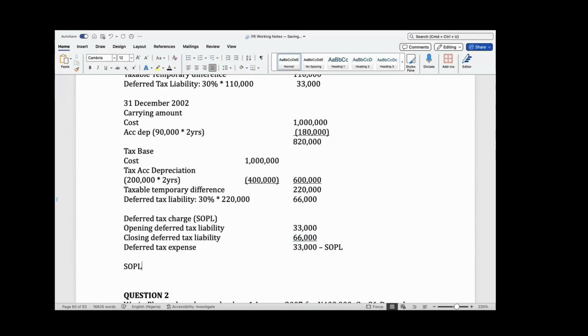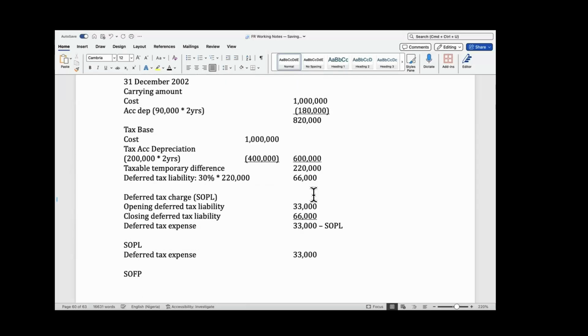So if I prepare my SOPL, I will have a deferred tax expense under my income tax expense as 33,000. And in my statement of financial position, I will have a deferred tax liability, which is usually under non-current liabilities, of 66,000.